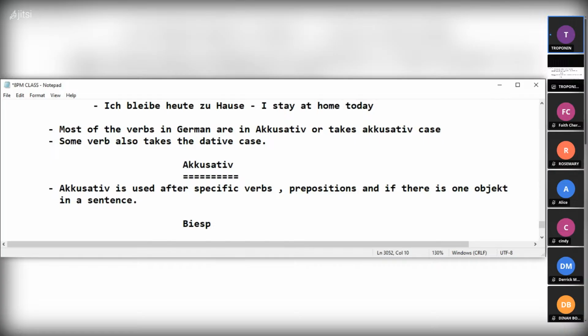Sieht is an accusative verb. Then einen Hund is the object. So number 2.